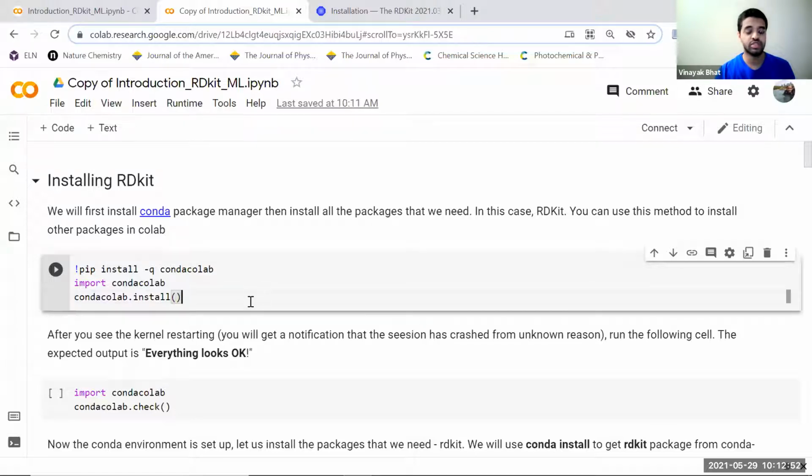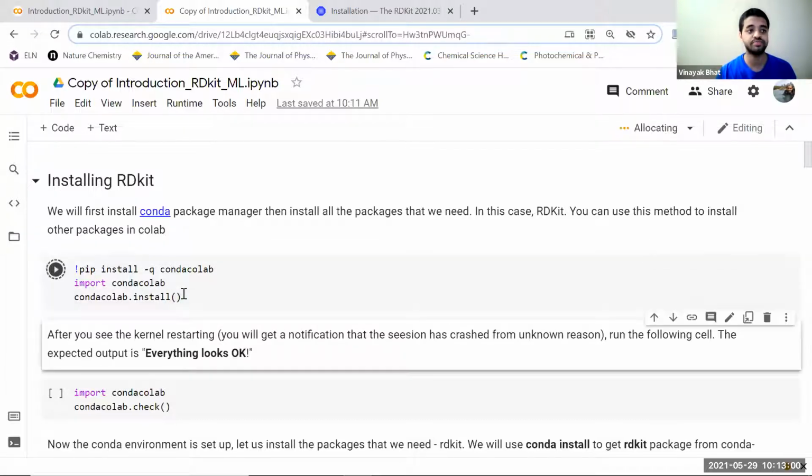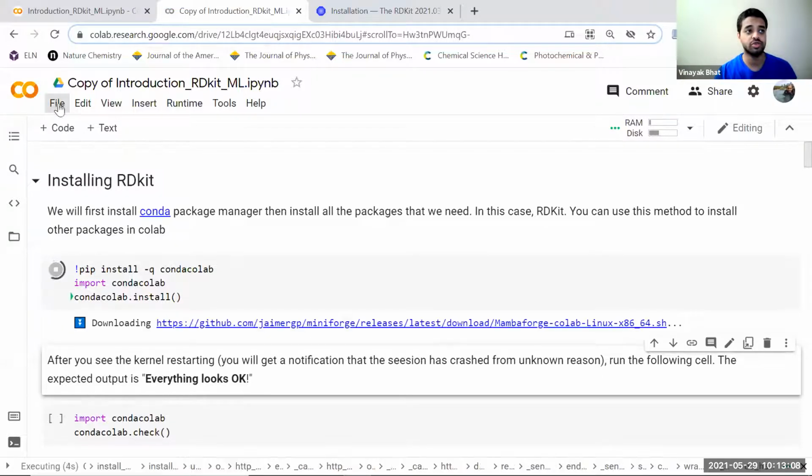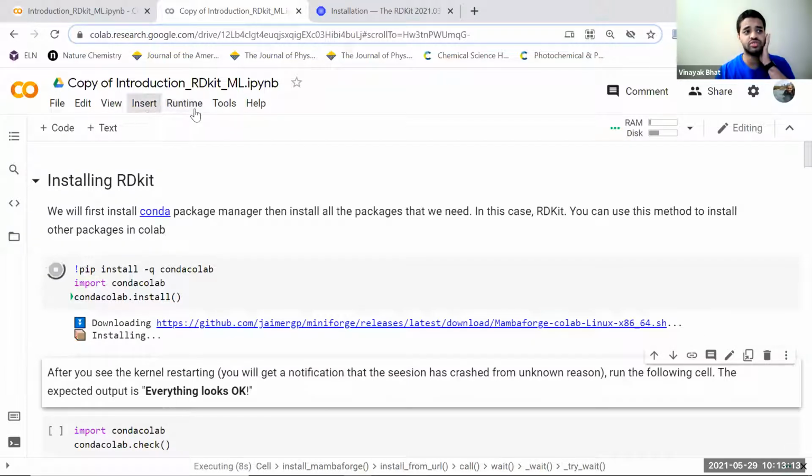And to run a cell, you can either click on the play button here, or press shift enter. Pressing that will start running the notebook. There are multiple options here which you can explore later on, but we won't use any of these right now.